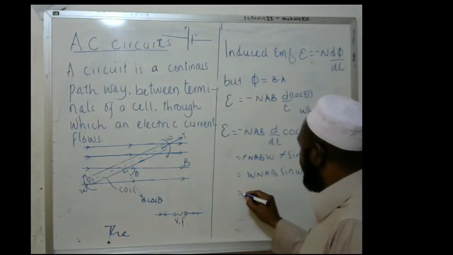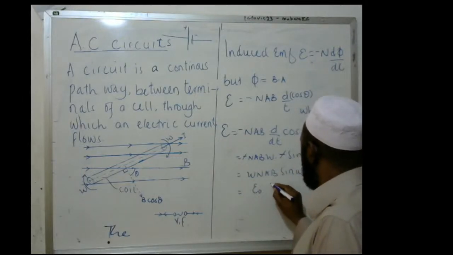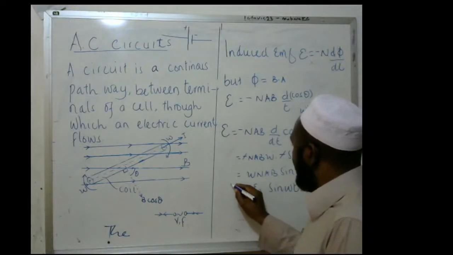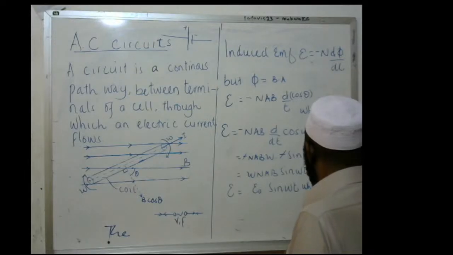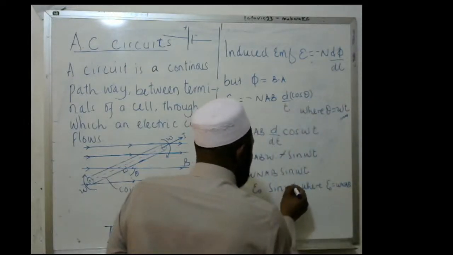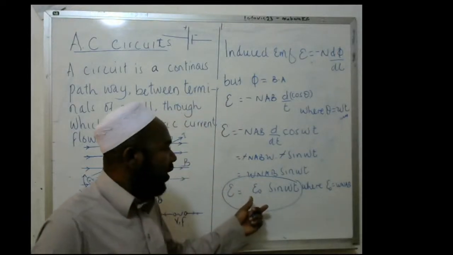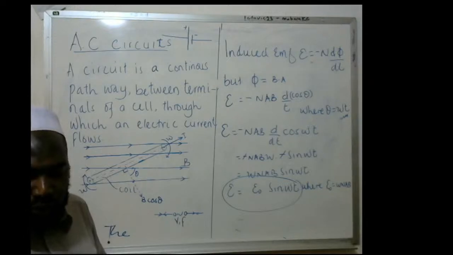And then this one turns out to be equal to the peak value, which is E naught sine wt, where E naught is equal to w NAB. So this expression is the expression for the instantaneous value of the EMF that is induced.